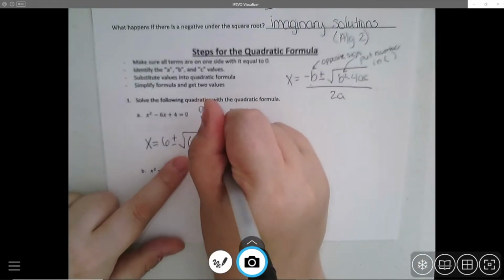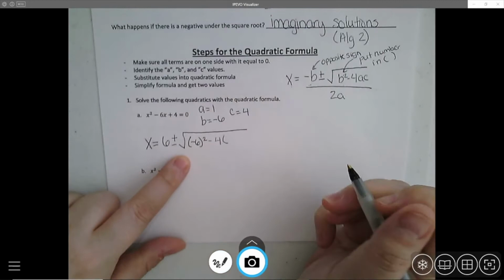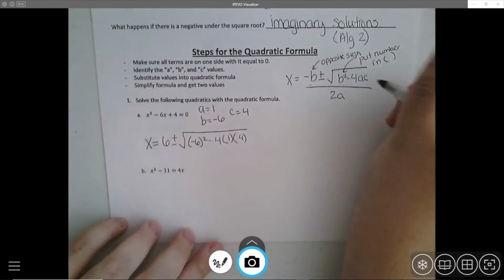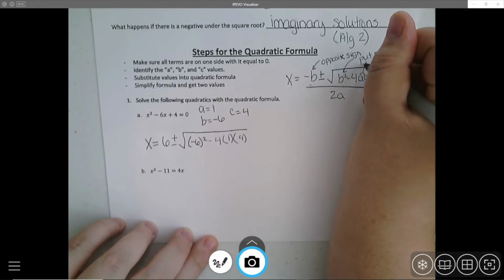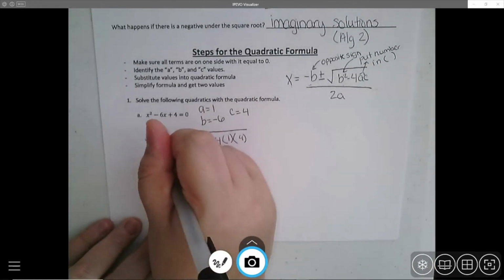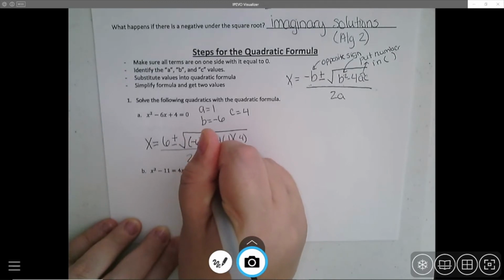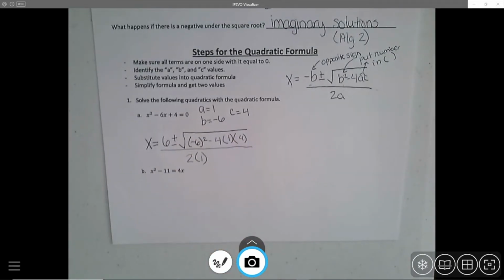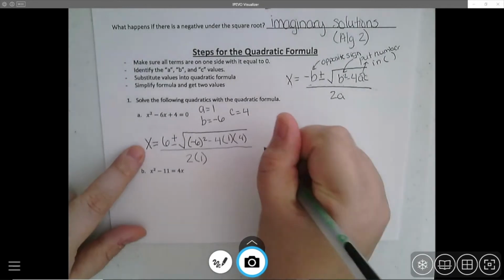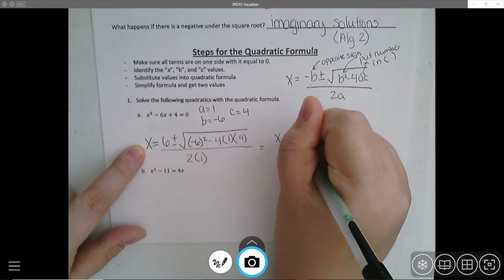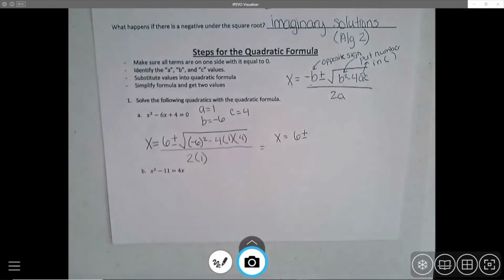B squared minus 4 times A times C. I'm putting, again, A and C in parentheses, all over 2 times A. So 2 times 1. Now it turns into a simplified x equals 6 plus or minus.